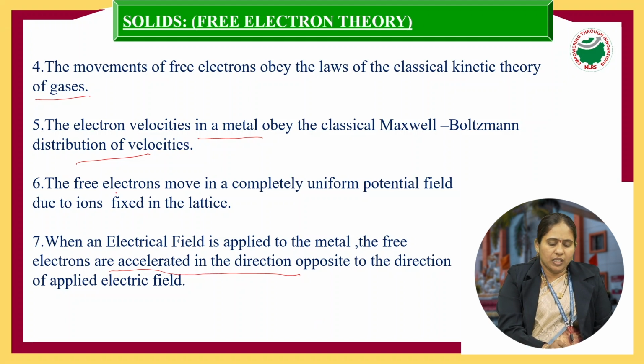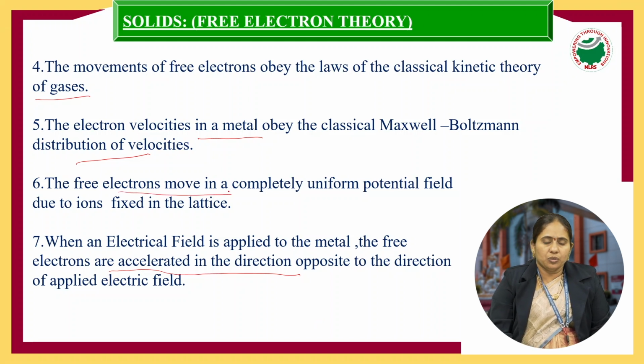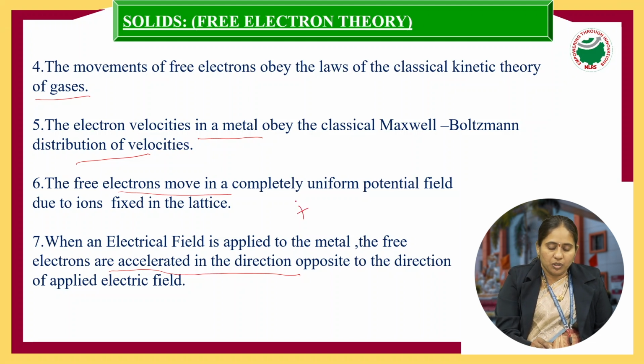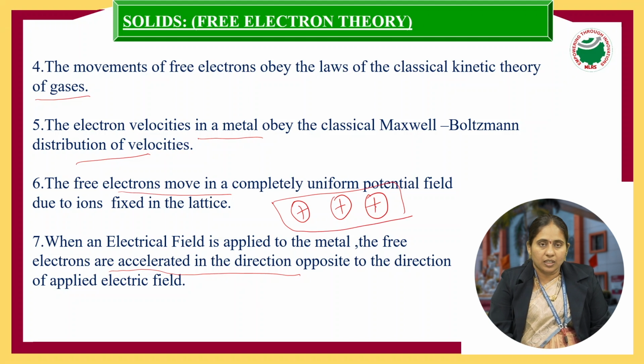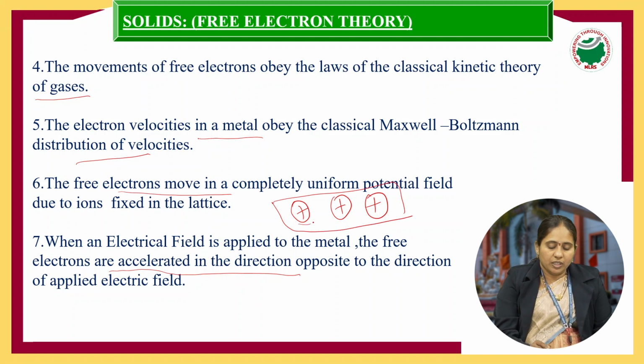Next, the free electrons move in a completely uniform potential field due to the fixed ions. This uniform potential is provided by the fixed ions in the crystal. If you take any crystal, the positive ions are fixed in the metal. This provides a uniform potential due to ions fixed in a lattice. And here each and every atom has its own valence electron.